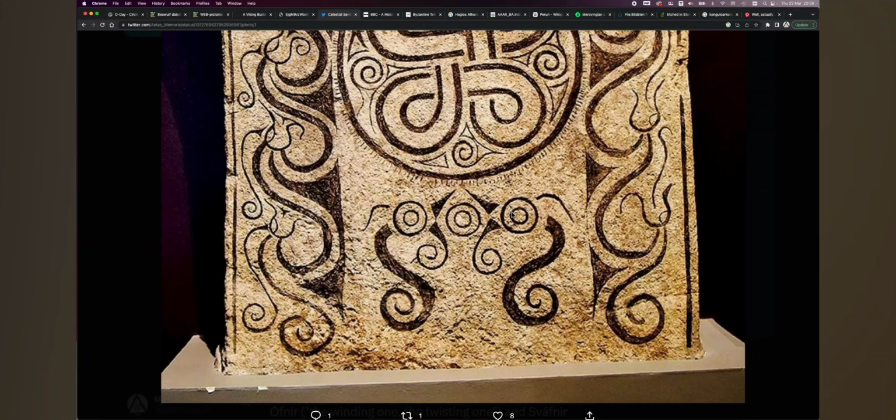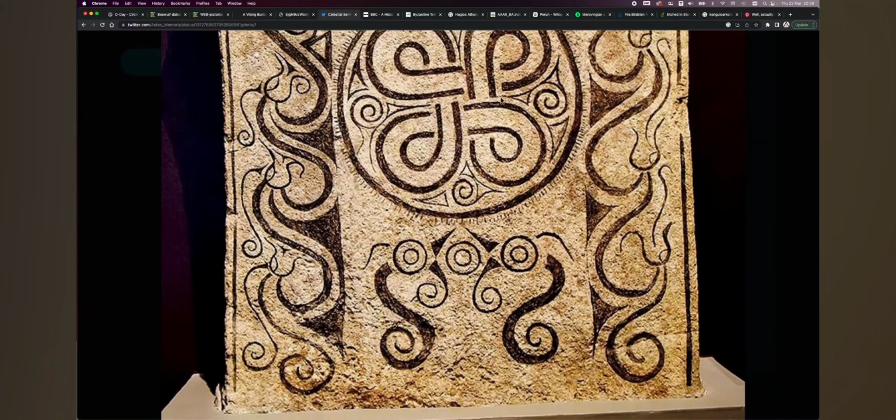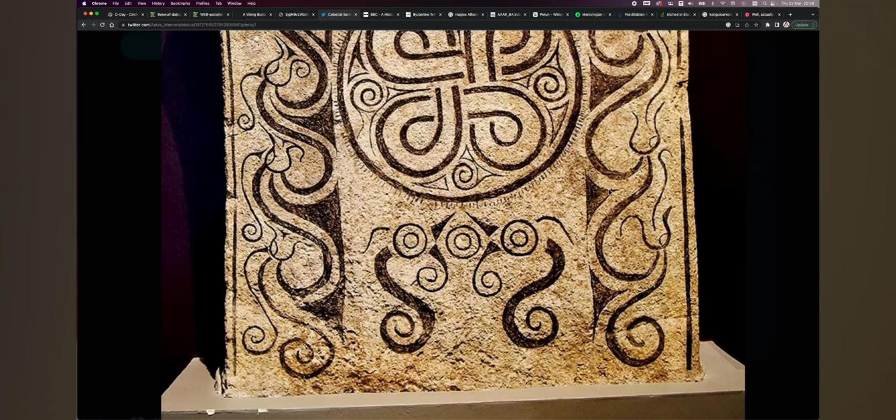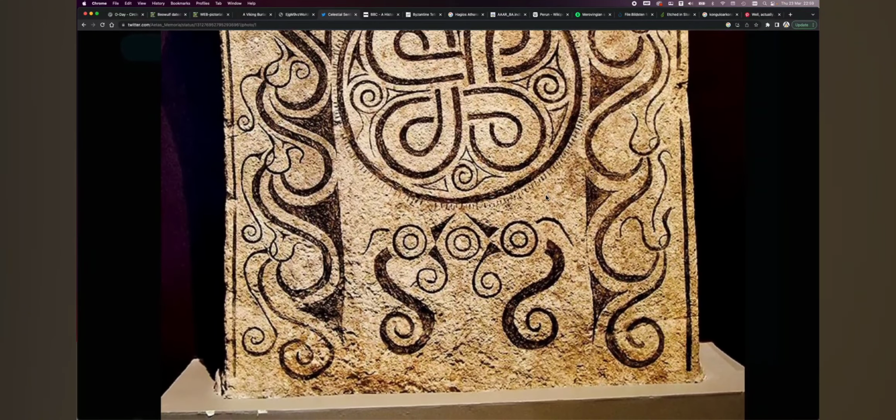Now, it could just be artistry. It just could be artistry. This could be 2 snakes trying to eat something, whatever. But I find this very, very interesting that it's all from this same family of art from Scandinavia. And so I believe that these people had a deep understanding of this knowledge from somewhere.